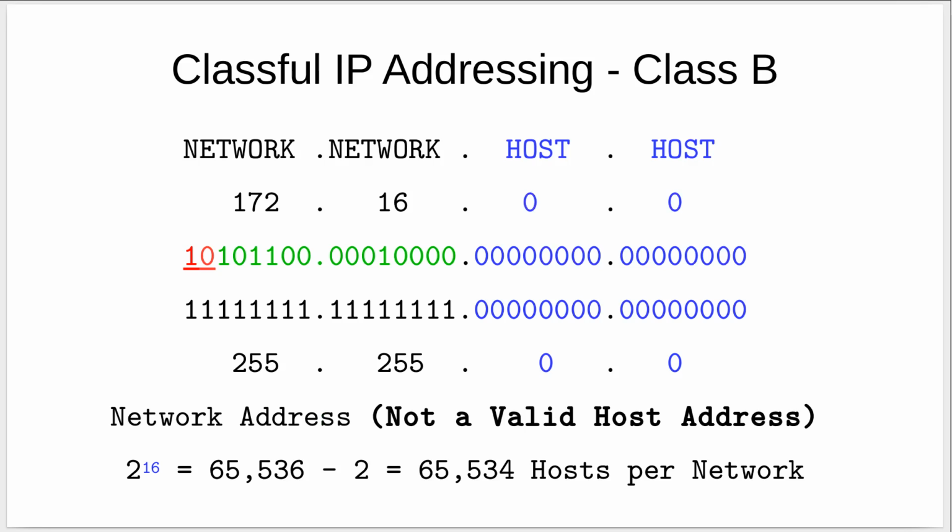Okay, so let's have a little look. What would a network address look like for a Class B? Very easy to do. With a Class B default subnet mask, all we need to realise is the last 2 octets are the host portion, so we set the last 2 octets to zeros and it generates 172.16.0.0. This is a network address and you cannot use it on a valid host.